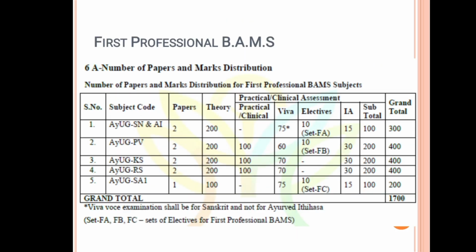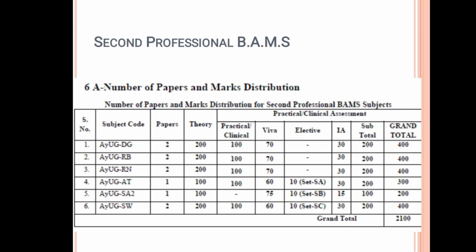So this is a presentation of all the courses in first professional: number of papers, marks, practical, total. You can see here internal assessment for Samhita Adhyayan 1 and Sanskrit is 15, the rest is 30 marks. For second professional also, Samhita Adhyayan 2 has 15 marks for internal assessment, the rest are 30 marks.